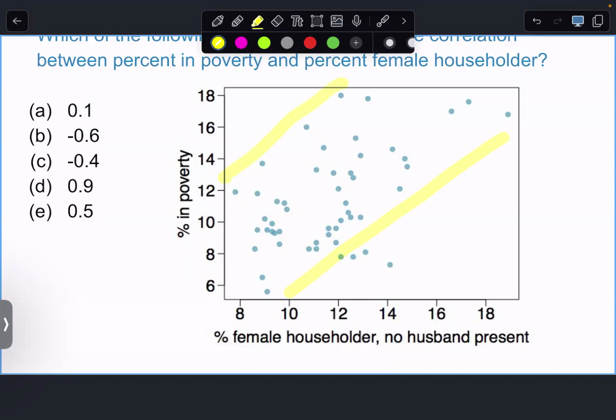That's kind of what I'm seeing as a pattern. I gave you a clue by drawing those lines. Has to be positive, right? So immediately those negative values are out.